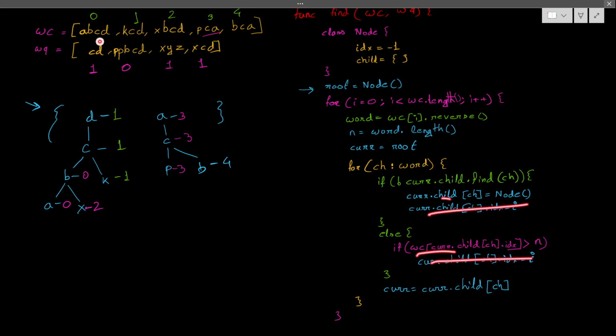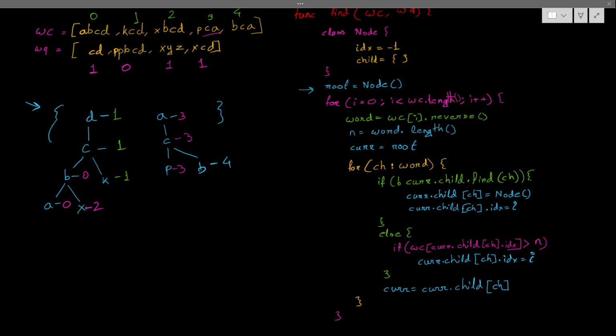After that, next I have to insert C. So C should be inserted at D's place, not in the outer place. So that's why current should point to this side. So in every word, whenever I start the word, current points to the outer root, and after every insertion I have to change current to its next position. Okay, simple, I guess. You get it.